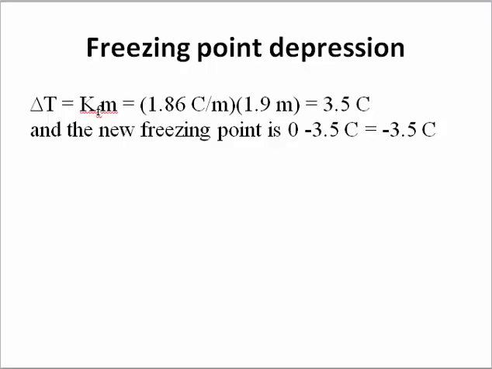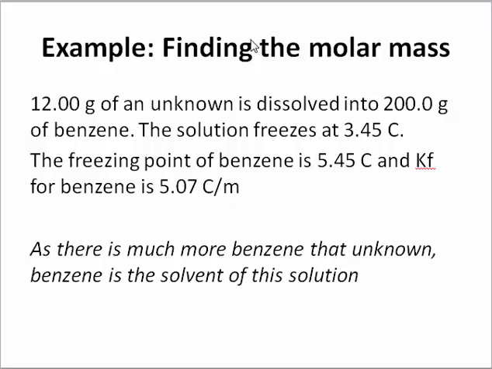Here's another example of an application in the laboratory. Freezing point depression is used in laboratory experiments to find the molar mass of unknown compounds. For example, consider 12 grams of an unknown dissolved into 200 grams of benzene. The solution freezes at 3.45 C. We know the freezing point of pure benzene solvent, 5.45 C, and Kf for benzene.